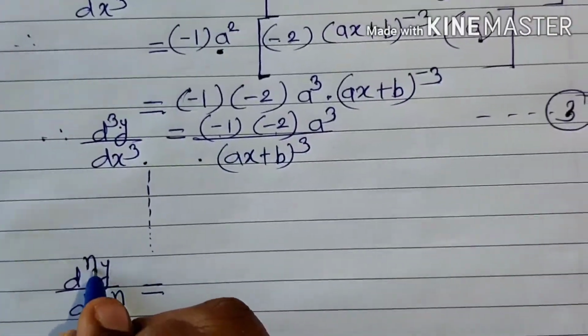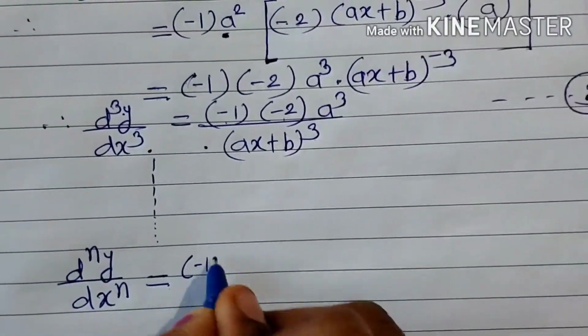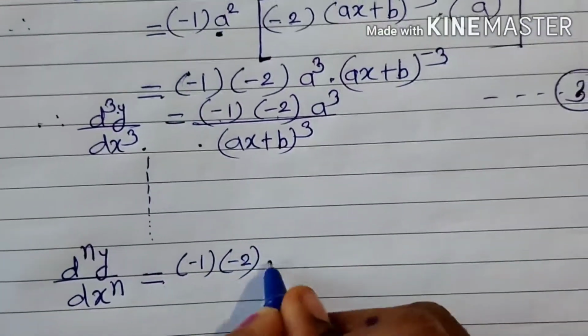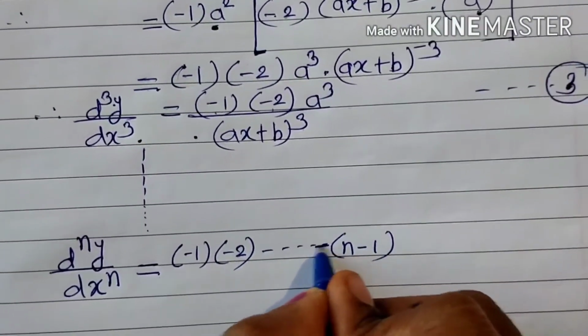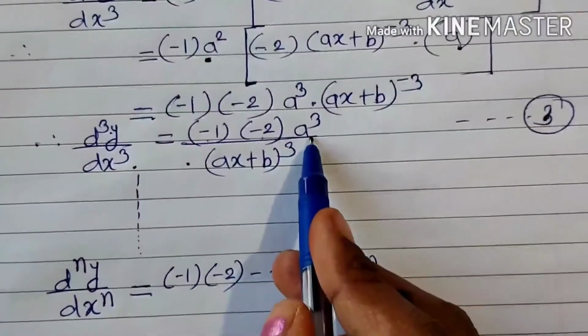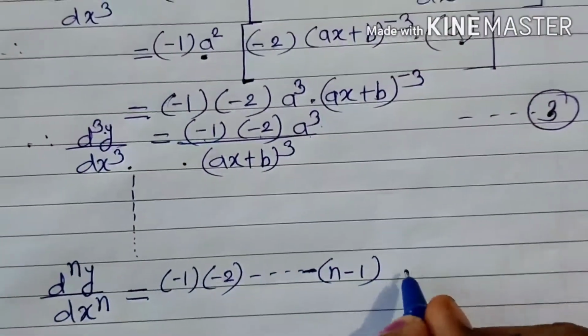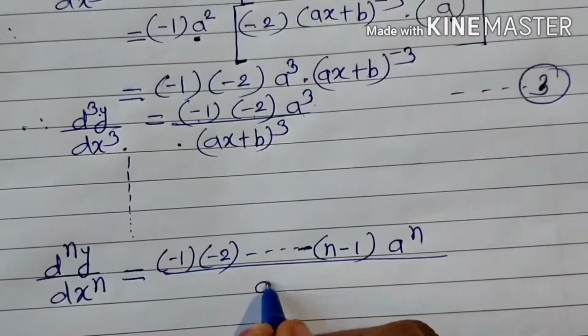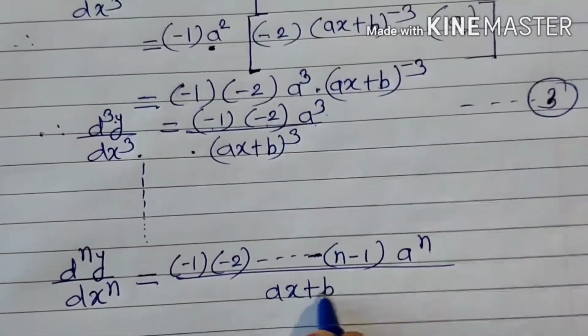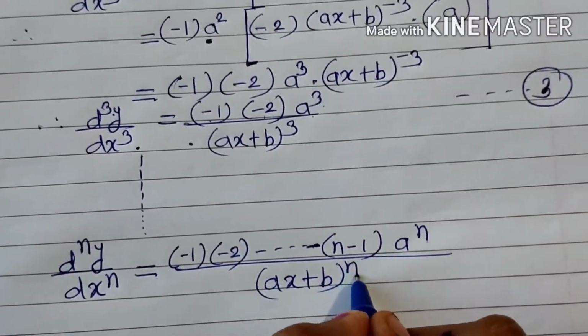So when there is n you can write here minus 1 minus 2 up to so on n minus 1 terms, and here is a cube, so write here a raised to n upon ax plus b raised to n.